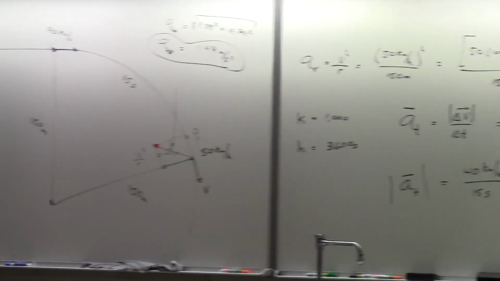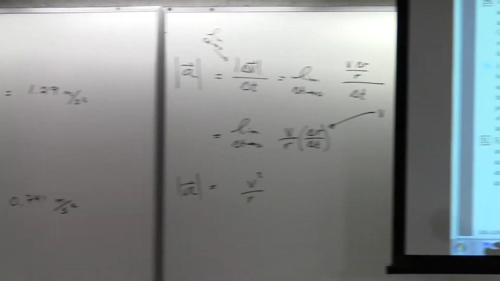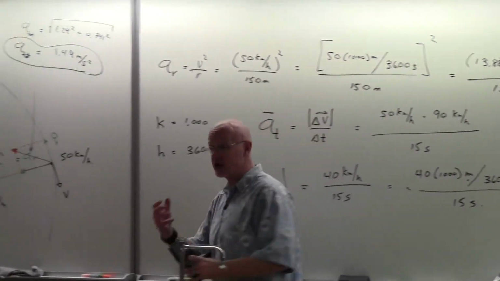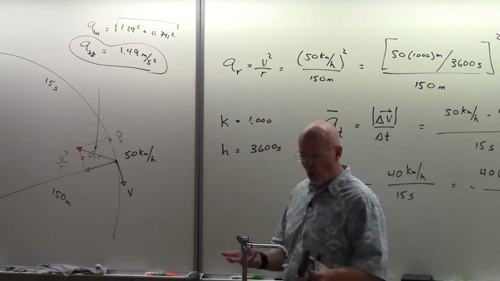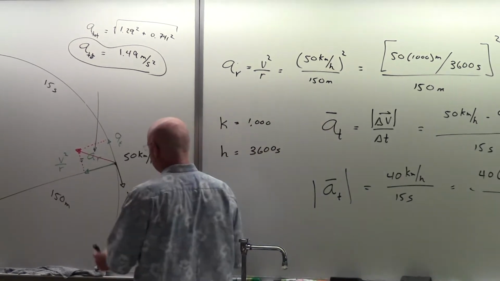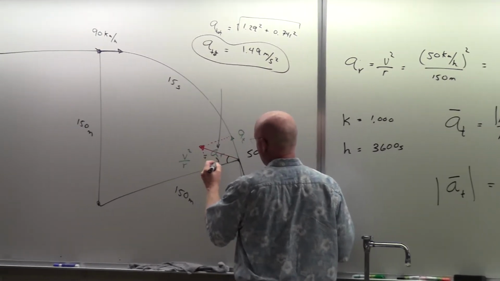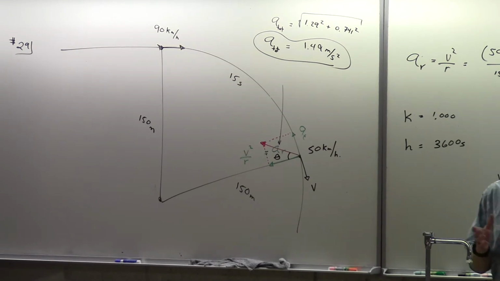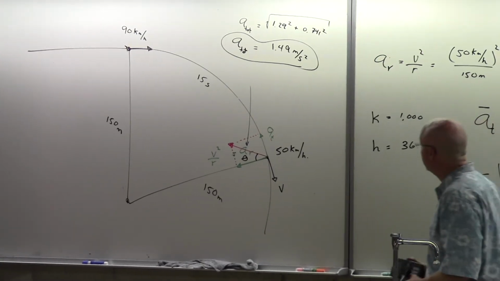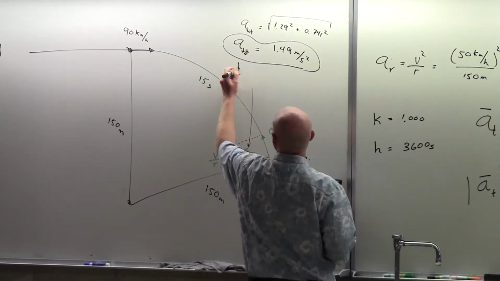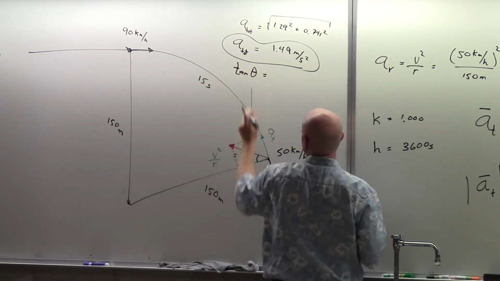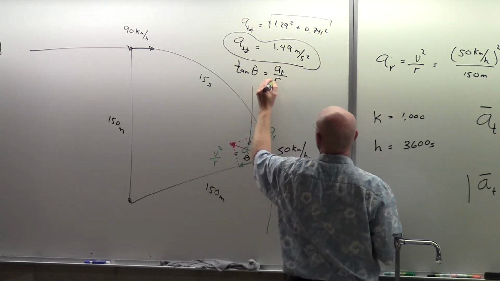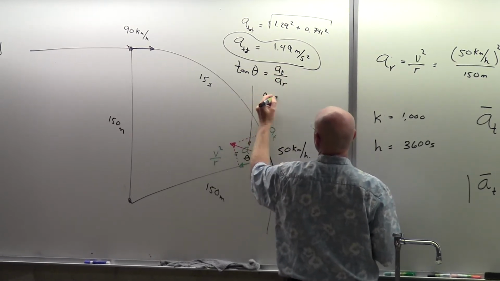The other part of this, because they just say acceleration, and acceleration is a vector, so I think we need to also include direction. Direction from what? Kind of our choice. How about I do that? Some angle relative to the radius. All right, so in that case, the tangent of theta is the opposite, so that's the tangential piece, over the radial piece.